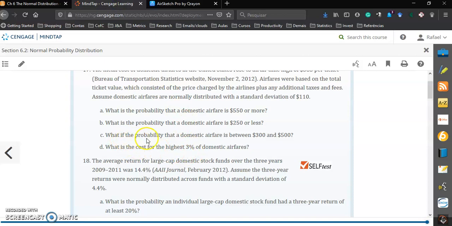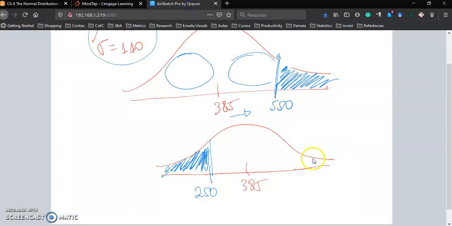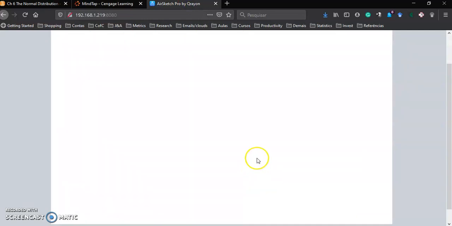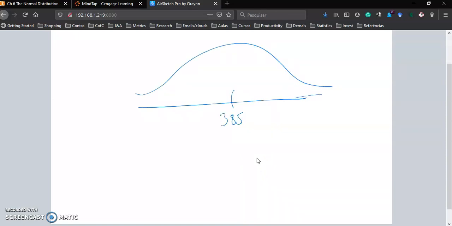And we can also ask, what's the probability that domestic airfare is between 300 and 500? So if I come here, let me open a new one, and then I have, again, the normal distribution doesn't have to be perfect. I want to know the probability that an airfare is between two values, 300 and 500, something like that.